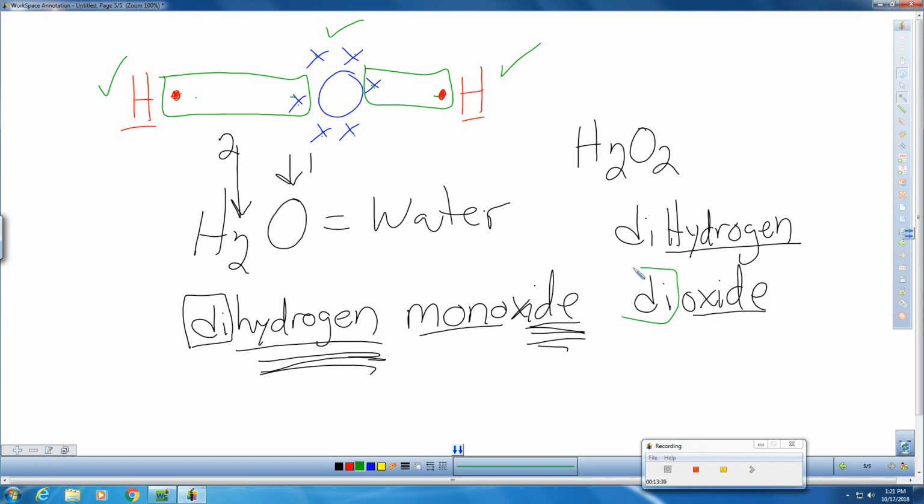And the di represents the 2 atoms of each hydrogen and oxygen that we would need. Again, this is covalent bonding. Covalent bonding is a little bit easier in terms of naming because we're looking at the prefixes or the subscripts to give us the prefix of what we need to add. It tells you exactly how many atoms of each you need. Where ionic, it tells you a little bit more. You have to figure it out by drawing out the diagrams to see how that looks.